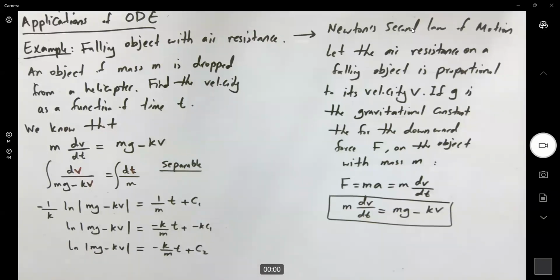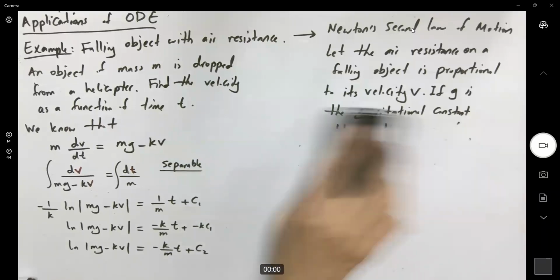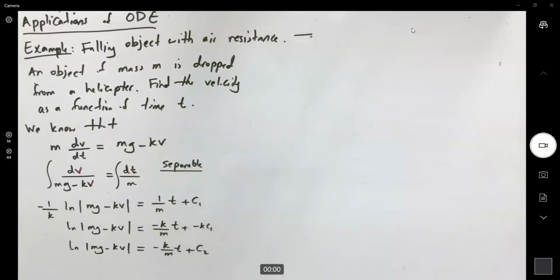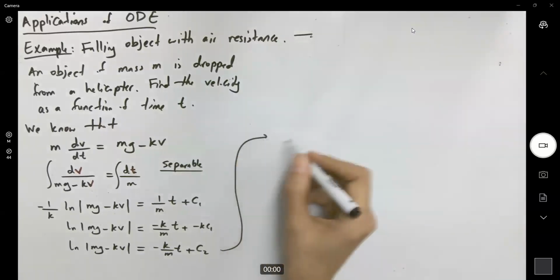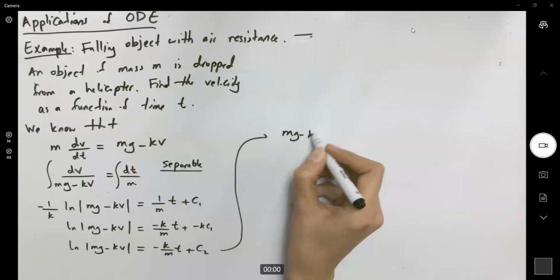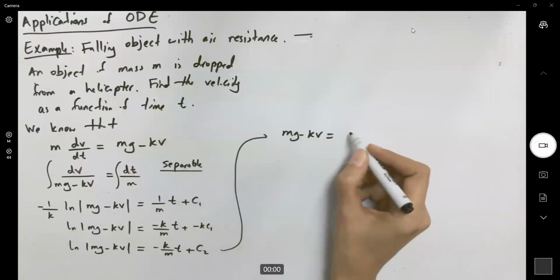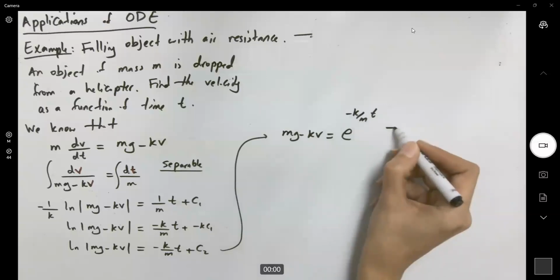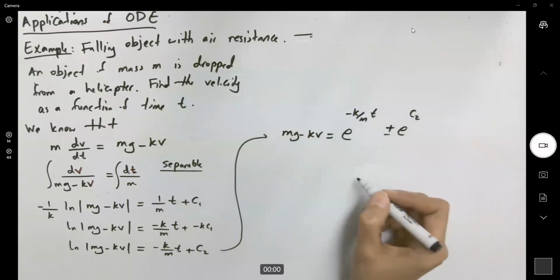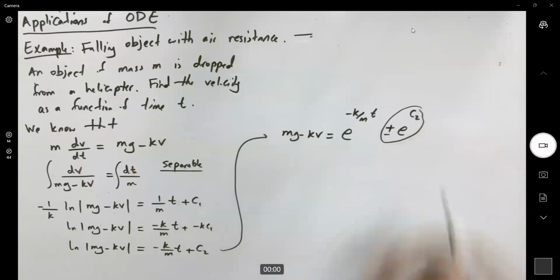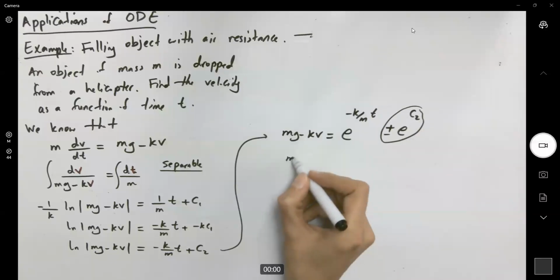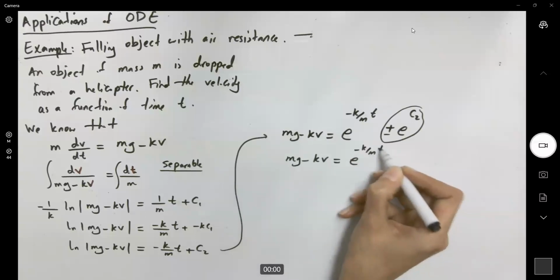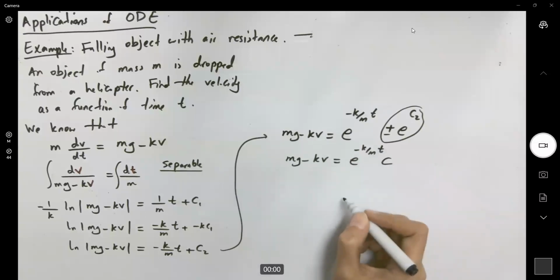Let me erase the right-hand side. I need more space here. So mg minus kv is equal to, well, e to the power negative k over m t, plus or minus e to the c sub 2. Call this guy, for example, c. mg minus kv is e to the negative k over m times t, times c.